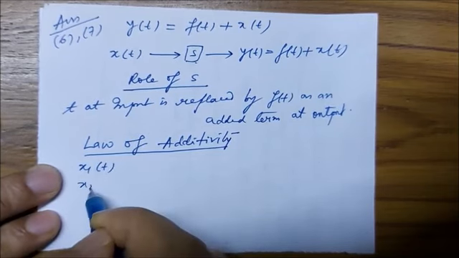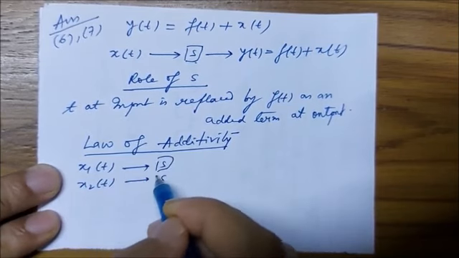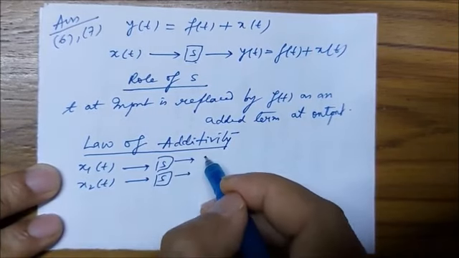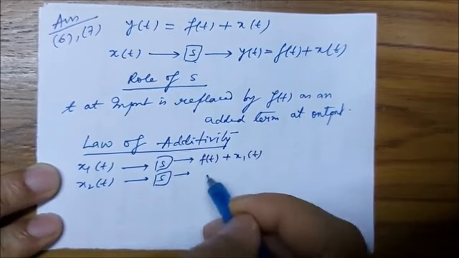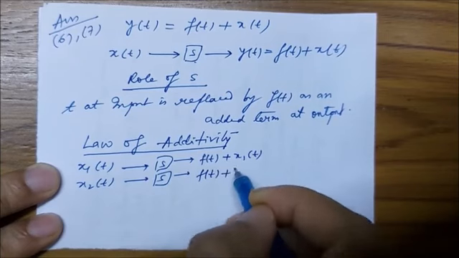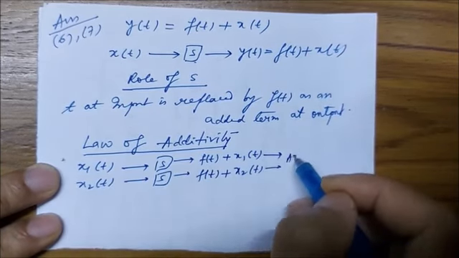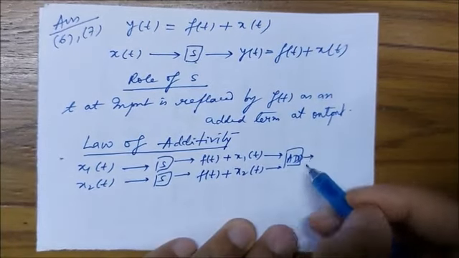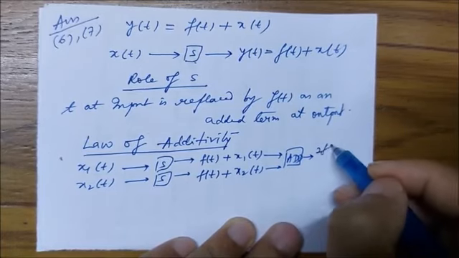So x1 of t, x2 of t, they are applied to the system, and the response is, and here the response will be f of t plus x2 of t, and we can add them to get f of t plus f of t, so we'll have twice f of t.